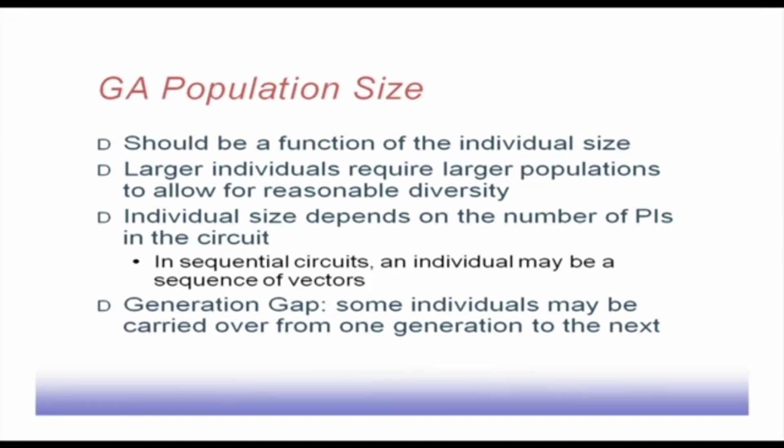So what is desirable is that if some individuals are really good, they may be directly copied to the next generation. They do not go through the crossover mutation channel, they directly get copied onto the next generation. This creates a generation gap in the evolution process, but that may have to be encouraged.